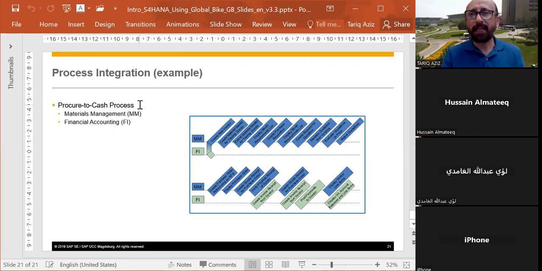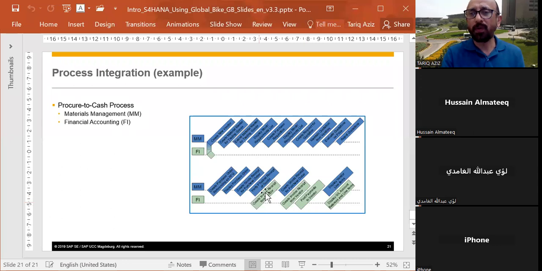Now we have another example of purchasing processes, procure to cash. If you see here, all the blue are material management, and all the greens are our accounting department. So we create the purchase requisition, the purchase quotation, the purchase order, then we receive the goods, and we receive the invoice.